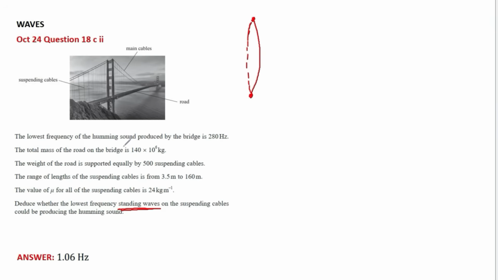The total mass of the rod on the bridge is this. Let's first find out the weight of the bridge. So weight equals 140 times 10 to the power 6 times 9.81.